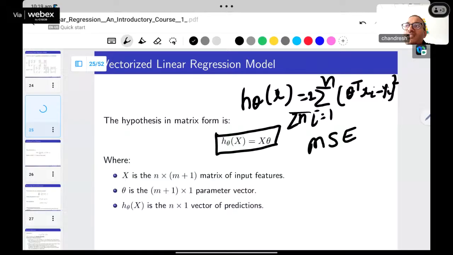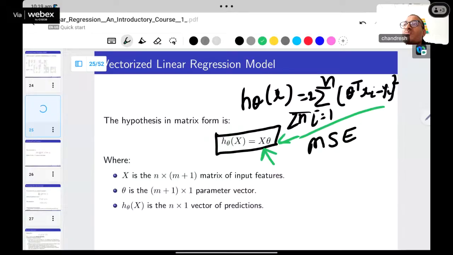The loss function on your screen is the same loss function written in vectorized form, in matrix and vector form. I don't know what kind of loss function you had seen in the linear regression model, but this is the one that we use. If you write this loss function in matrix form, it will look like this: h_theta(x) equals x theta, where x is the matrix of input features. What are the input features?